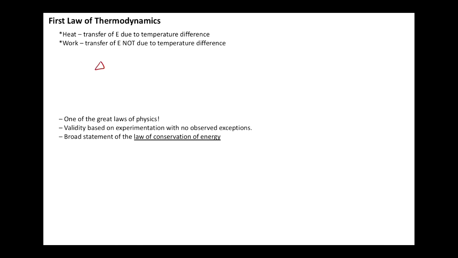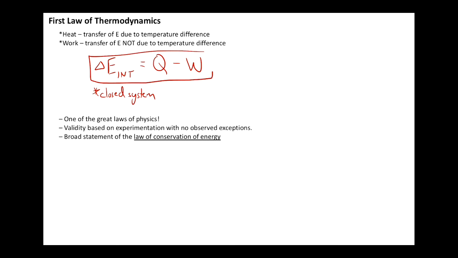We can say that the change in the internal energy of a system, and we're going to say specifically this is a closed system, nothing is getting in or out, is equal to Q minus W. Q minus W.